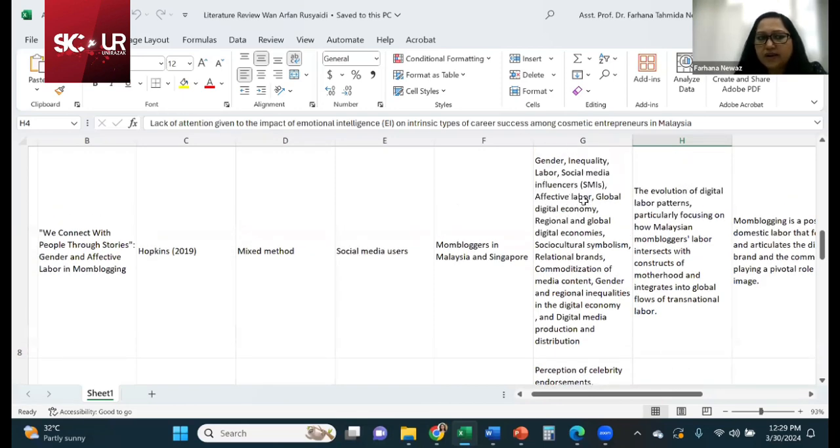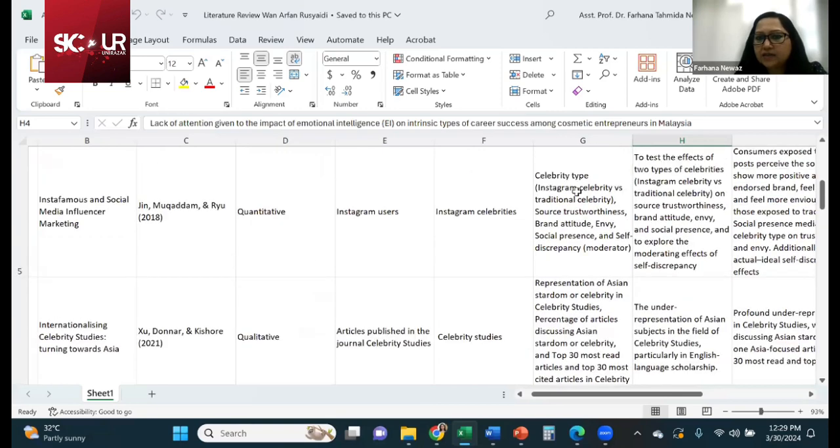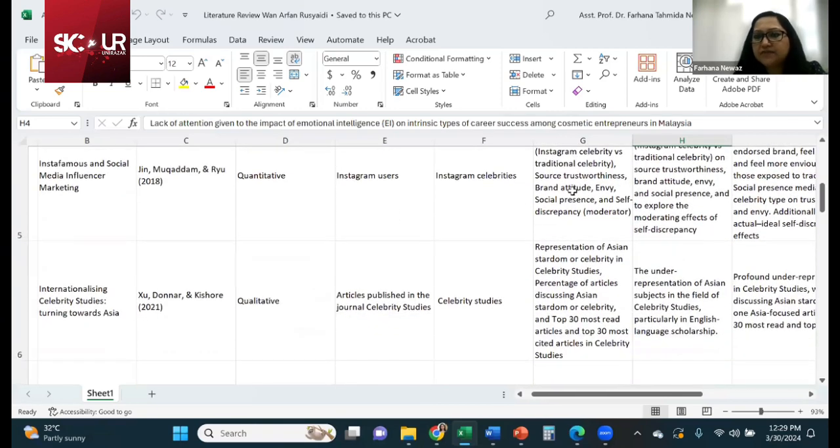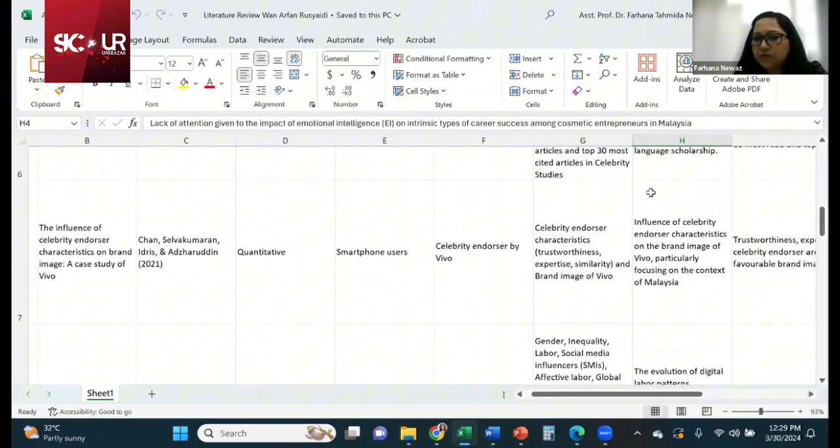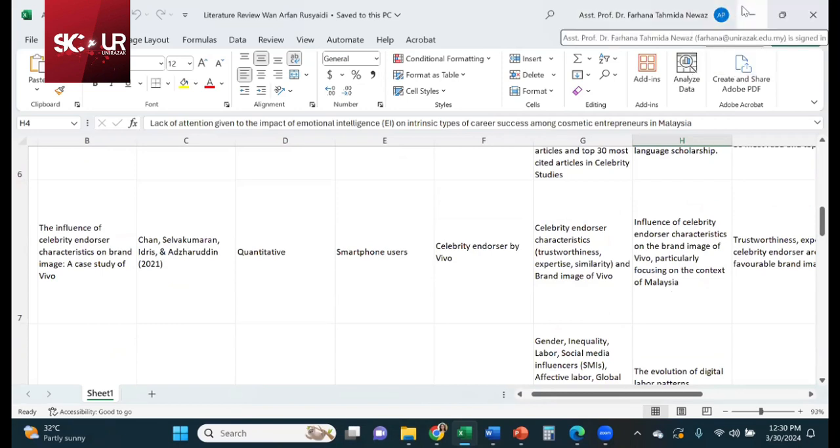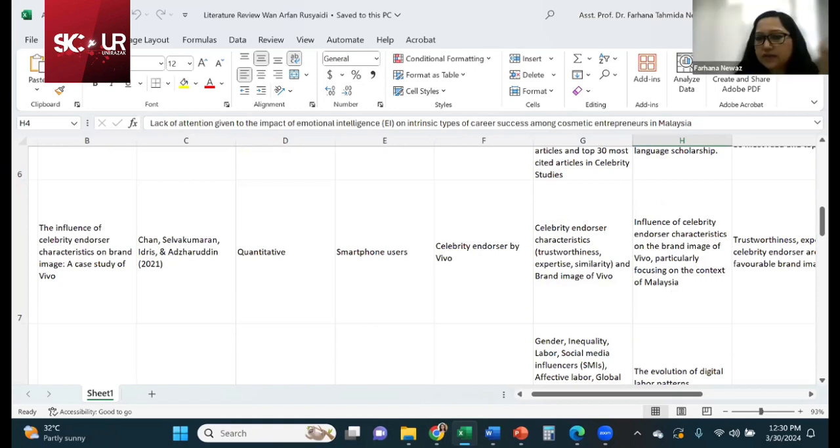Then you can go for referencing these articles which investigated emotional intelligence and its relationship with collaboration, right? So just go for cross-referencing. What did you say? Cross-referencing. Yes. So just go for using it this way. Makes sense, right?